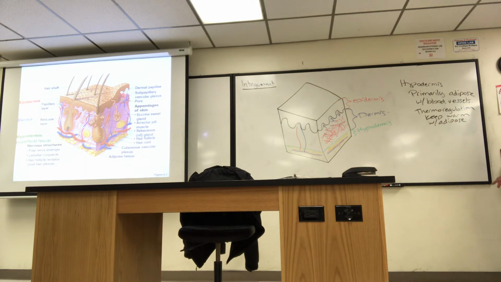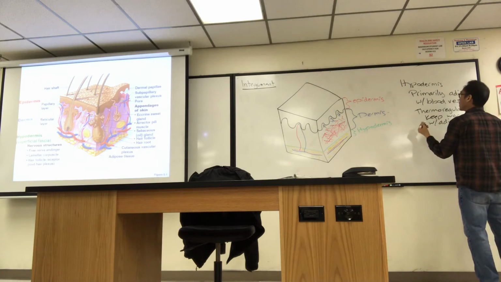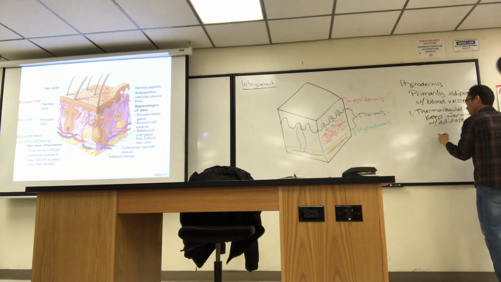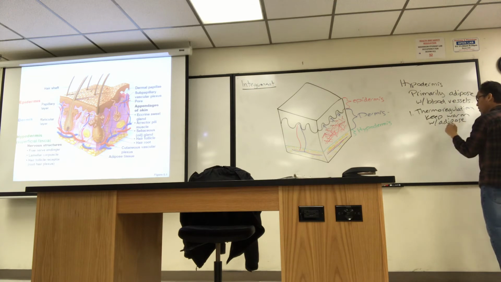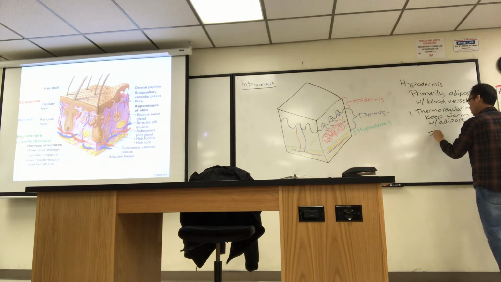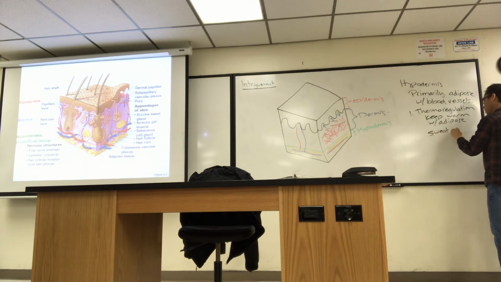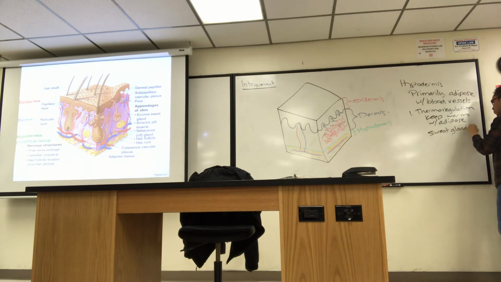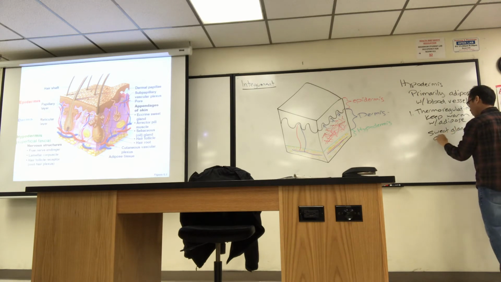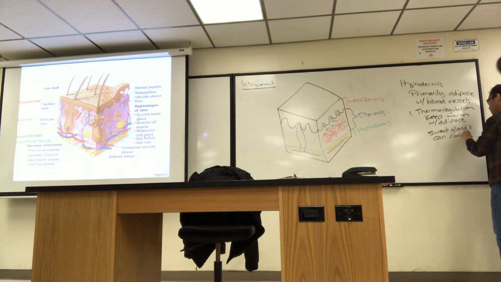But if the function is thermoregulation, how do you cool the body off? Sweat glands. So one, thermoregulation, consider number one, first function of skin. Sweat glands, when they sweat, can cool you down.